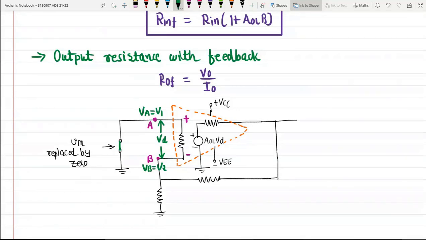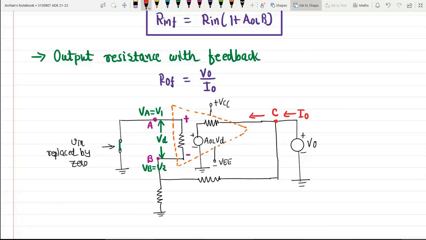Now this is what we have done. Now what we are doing is applying some voltage V0 to the circuit, which will force some current I0 into the circuit. Let us say this terminal is C. As you can see, this current I0 gets divided into two parts.